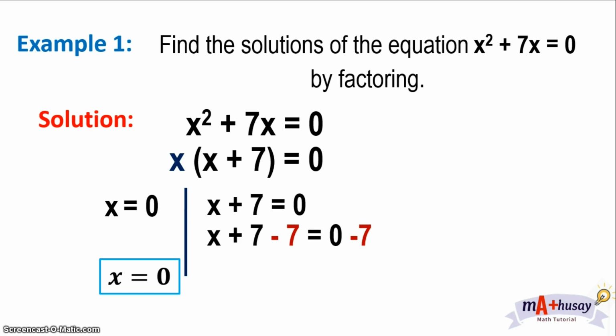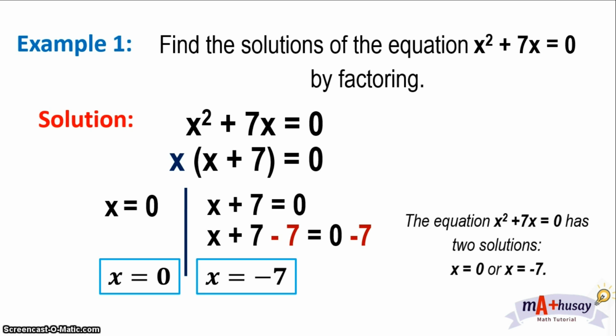What is left on the left side is x, and on the right side of the equation is negative 7. Therefore, the solutions of the equation x squared plus 7x equals 0 are 0 and negative 7.